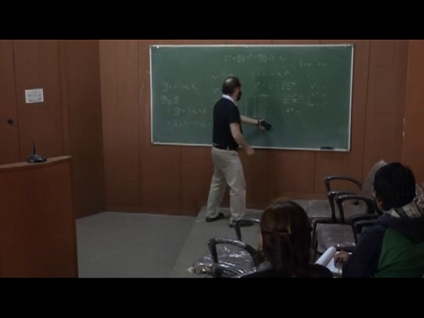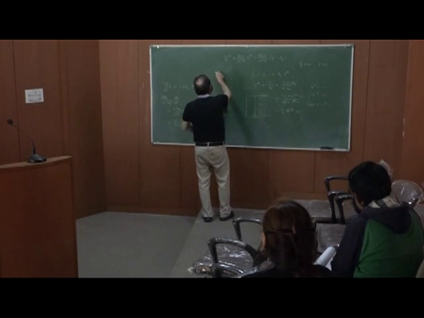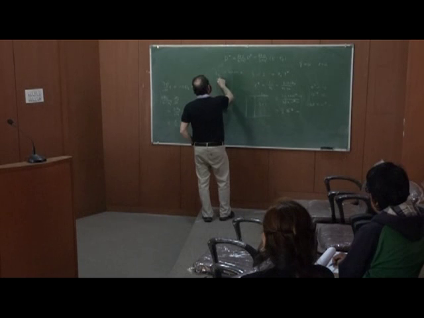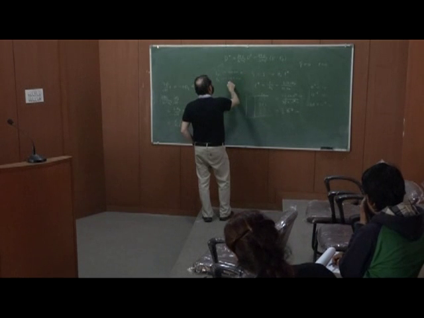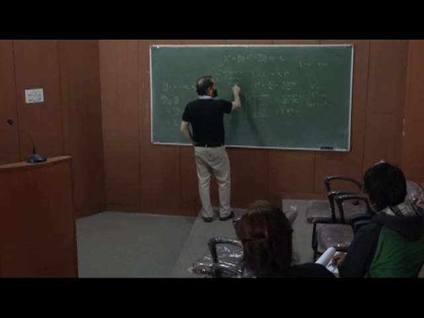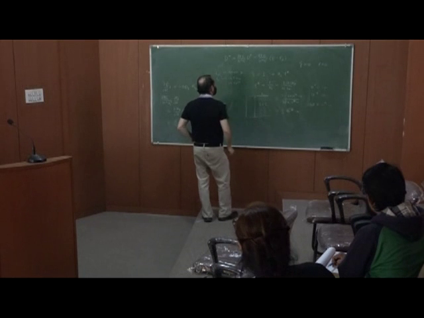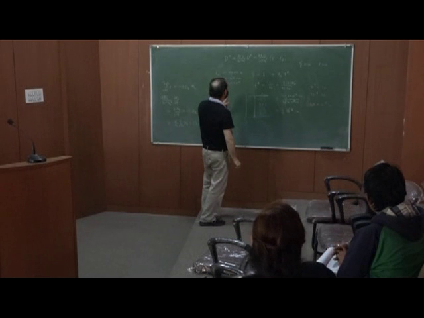Again, I emphasize that the time of last scattering is 400,000 years. Present cosmic time is about 13.7 giga-years, which is about 1.4 times 10 to the 10 years.